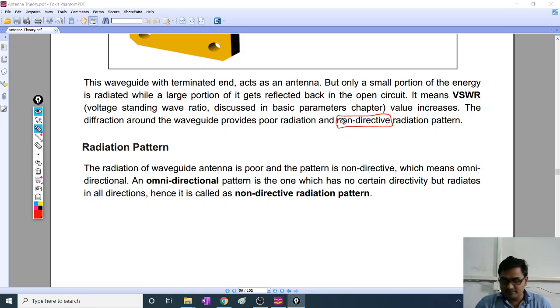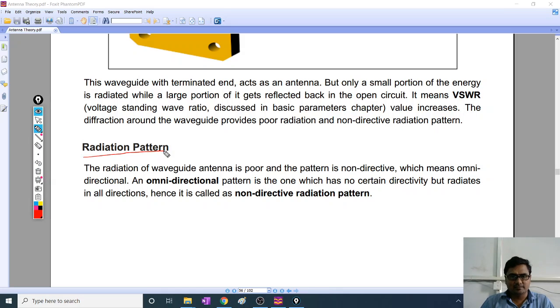That's why it is non-directive. Non-directive is generally referred to as omnidirectional. Omnidirectional means same energy in all the directions. Agreed?